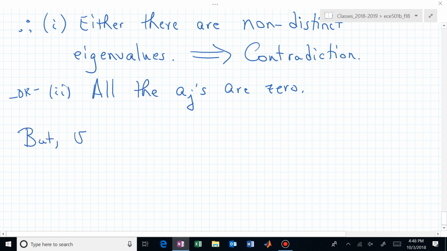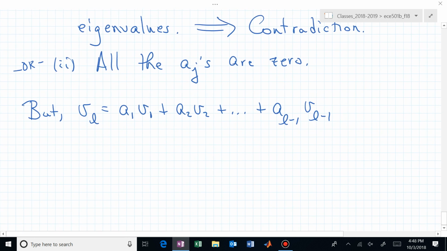But V sub L was A1 V1 plus A sub 2 V sub 2 plus up to A sub L minus 1 V sub L minus 1. And what does that tell us about V sub L if all the A's are 0? V sub L is the 0 vector, and there's our contradiction. We assumed that it was an eigenvector, and those are non-zero.